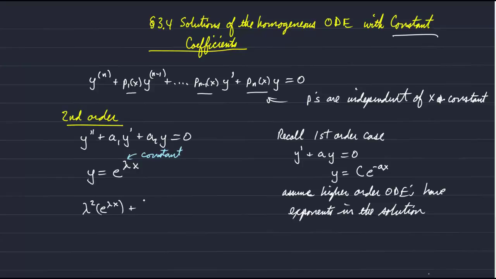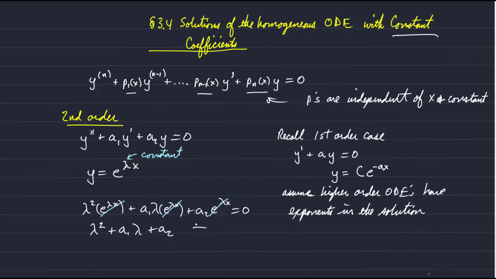And so we'll have a1 lambda e to the lambda x plus a2 e to the lambda x, and that's equal to 0. And you can see here that we can divide both sides by e to the lambda x, and we'll get what we call the characteristic equation. So that's lambda squared plus a1 lambda plus a2.